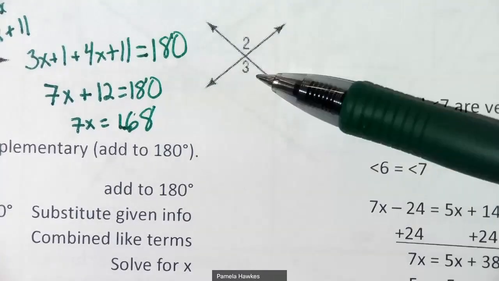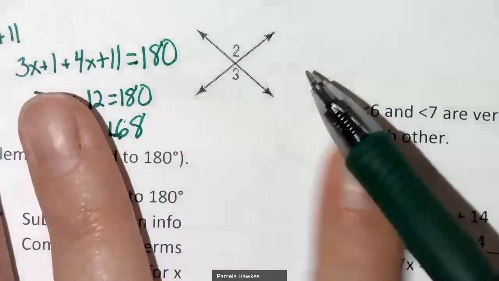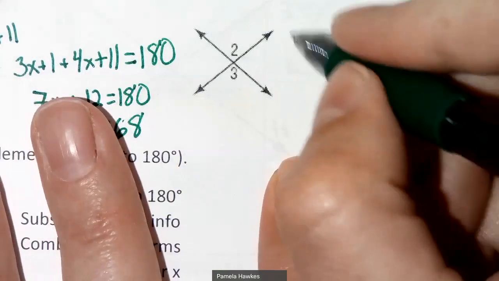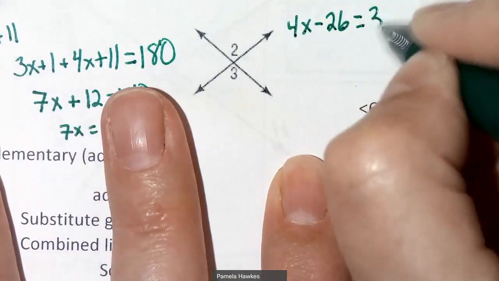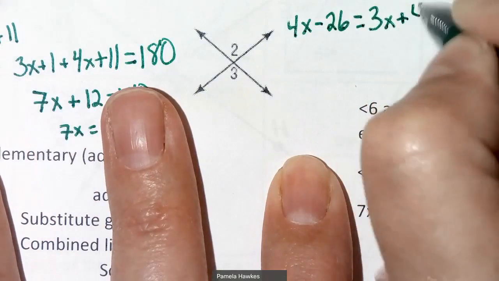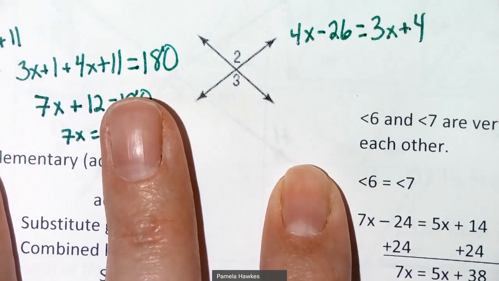Okay, so here we go. 2 and 3. What do you know about 2 and 3? What kind of angles are they? Vertical. What do we know about vertical angles? They're equal. So how am I going to set this problem up? 4x minus 26 equals 3x plus 4. We know how to solve that. That was on our last test, right?